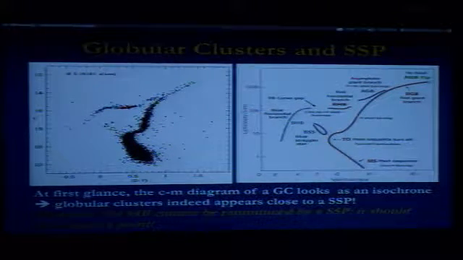Because the extension of the horizontal branch is essentially an extension in mass. So you see objects of different masses. And why are there different masses of objects evolving in such a short time, like the lifetime of the horizontal branch?